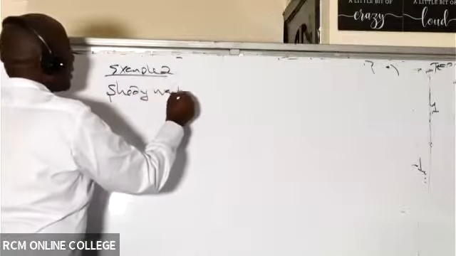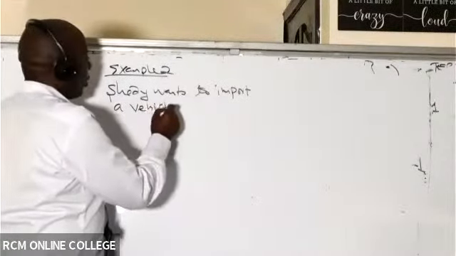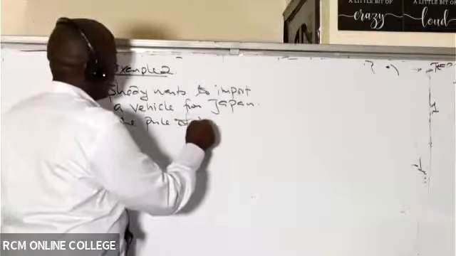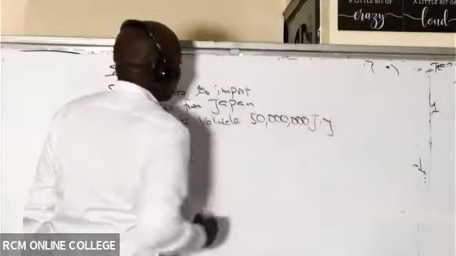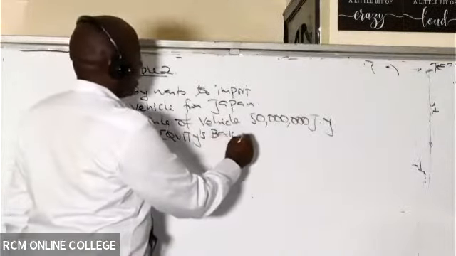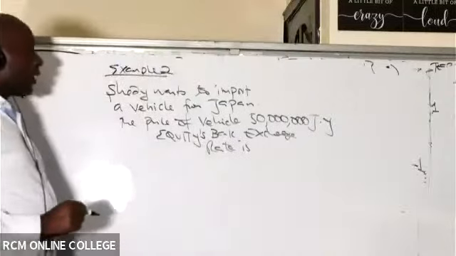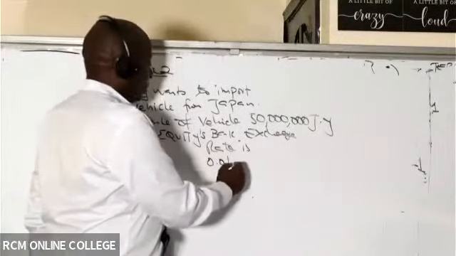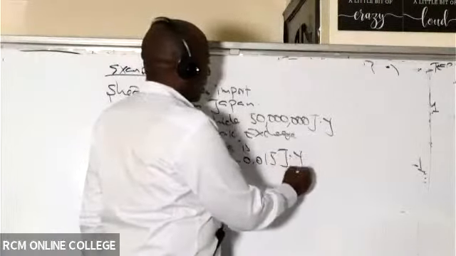Shedi wants to import a vehicle from Japan. The price of the vehicle is 50 million Japanese yen. Equity Bank's exchange rate, I'm just putting an arbitrary figure, it doesn't matter, is 0.01 to 0.015 Japanese yen per Kenya shilling.